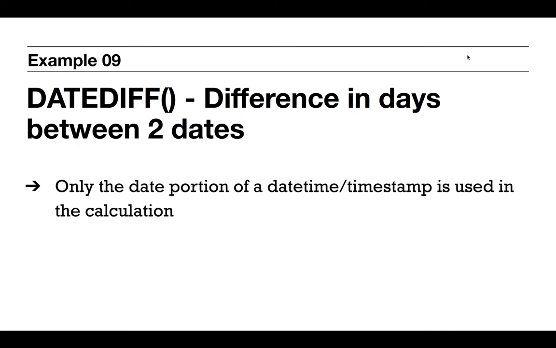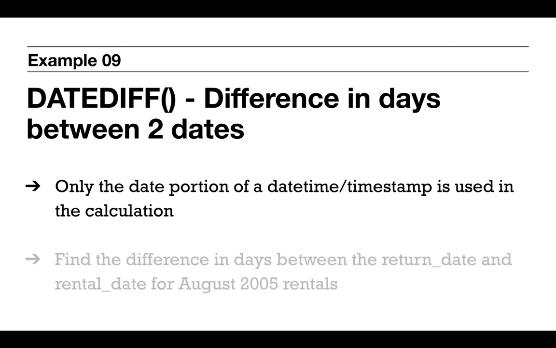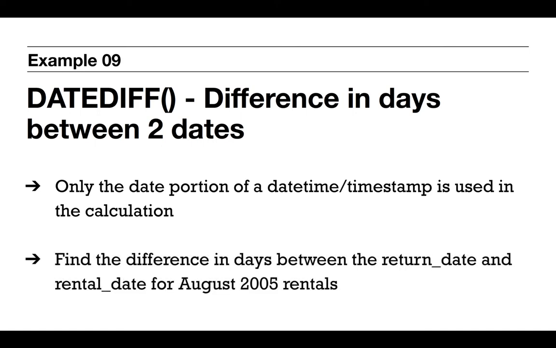Even though there's two different dates, and let's say the day is not over yet, and really the difference is only 1.5 days, it's still going to calculate it based on 2 days because it's only looking at the date. All right, so go ahead and try to find the difference in days between the return date and the rental date for all August 2005 rentals. Try that out on your own.